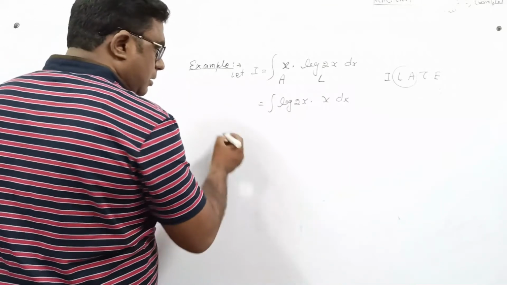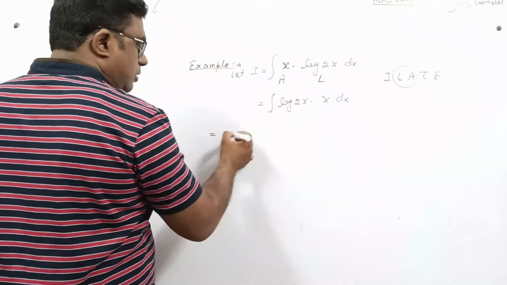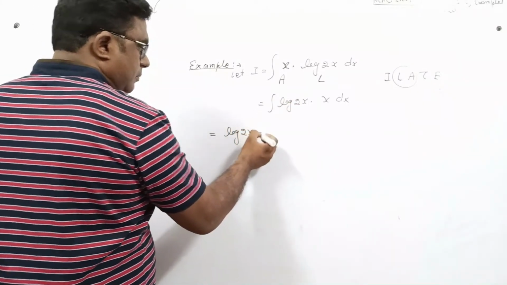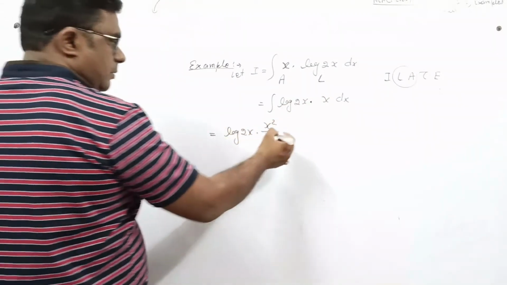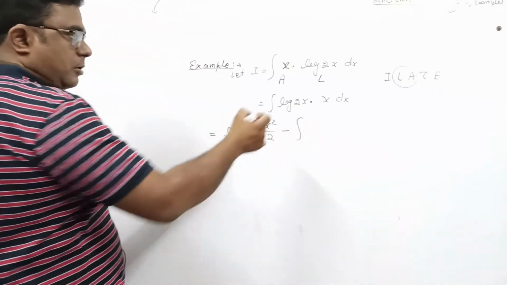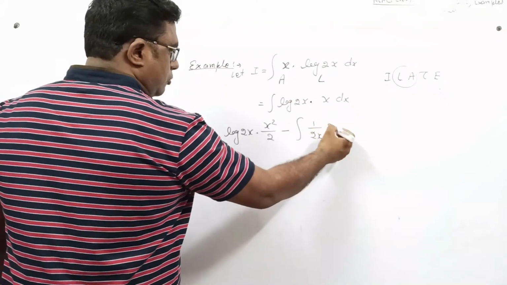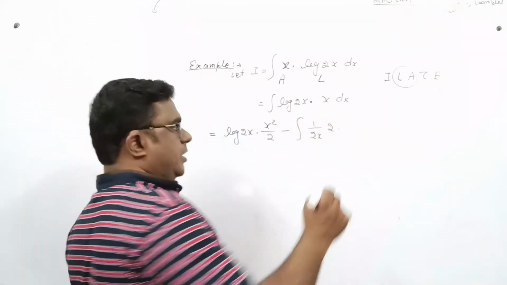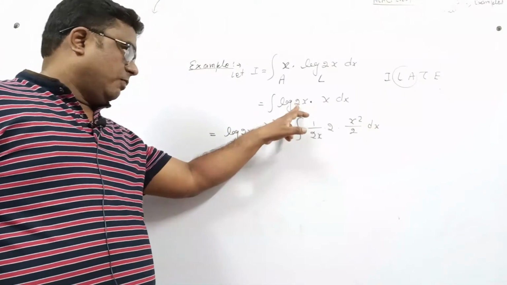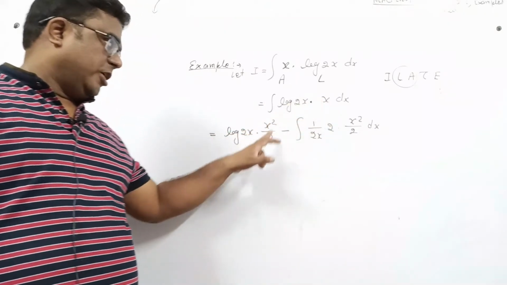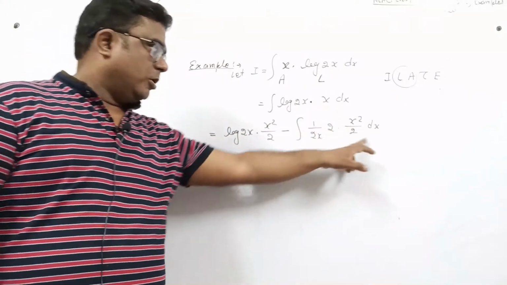Now we will apply the IP formula, integration by parts. I told you, in the first function no change. Do the integration of the second function, so x square by 2, minus whole integral. Now do the differential of the first function, so the differential of the first function will be 1 upon 2x into 2 and the integration of second, x square upon 2, dx. Let us see once again: first function as it is, second function integration, first function differential, second function integral and whole integral.